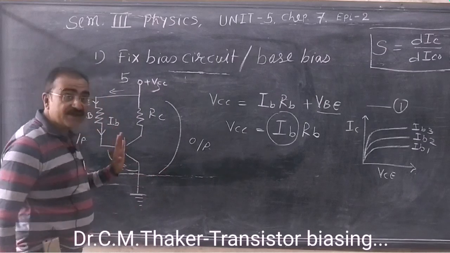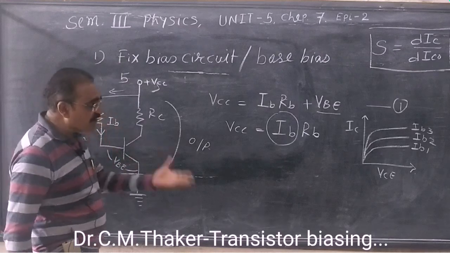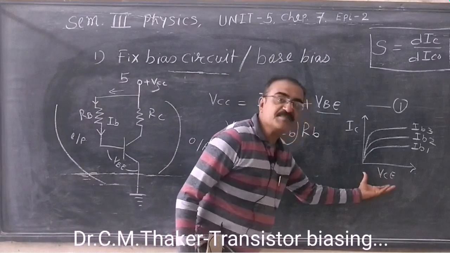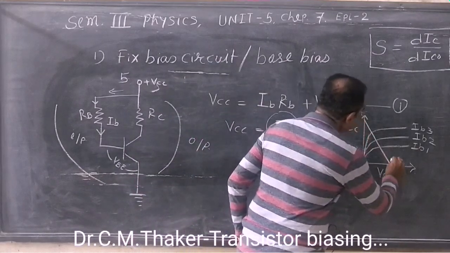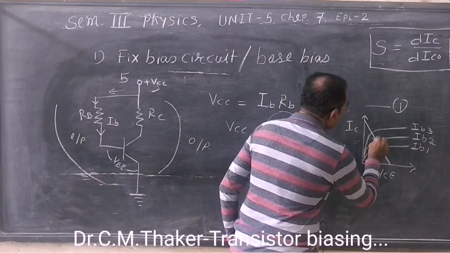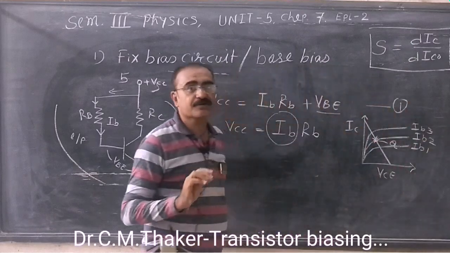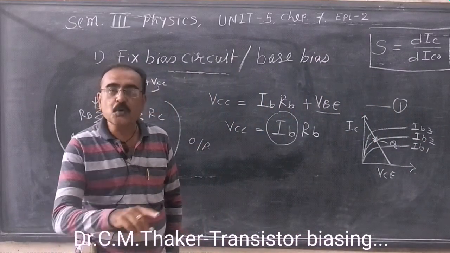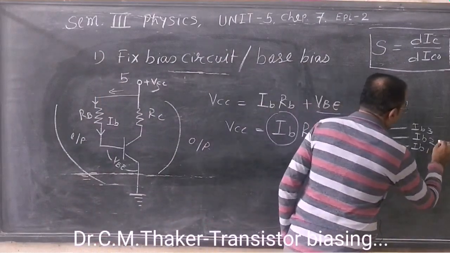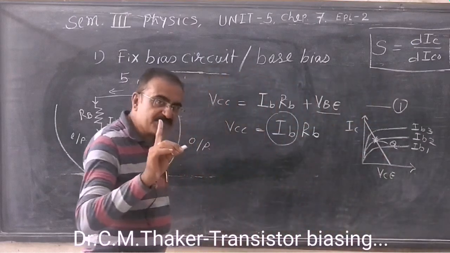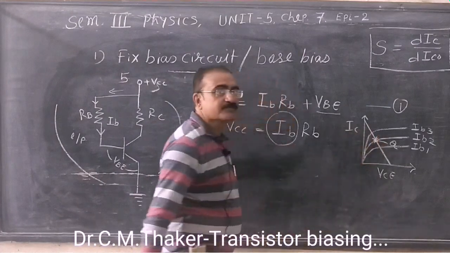Remember, this is the common emitter connection, and that's why we are considering the common emitter output characteristic. Suppose your load line may be here, and suppose this is your operating point Q. Then Q needs IB2 current, and that is why your IB will be fixed to operate at the operating point.